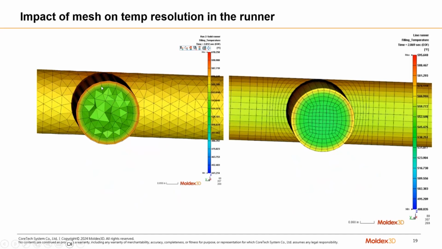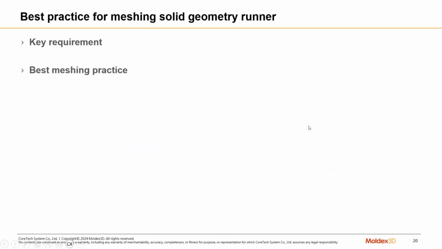You can see that the outside temperature is much higher compared to this one. And hexa elements, as we know, produce the highest level of accuracy. So this one would be much more accurate. And in this case, shear is really important, especially for shear sensitive materials and the complexity of the part. So we want to consider the line defined runner for that.